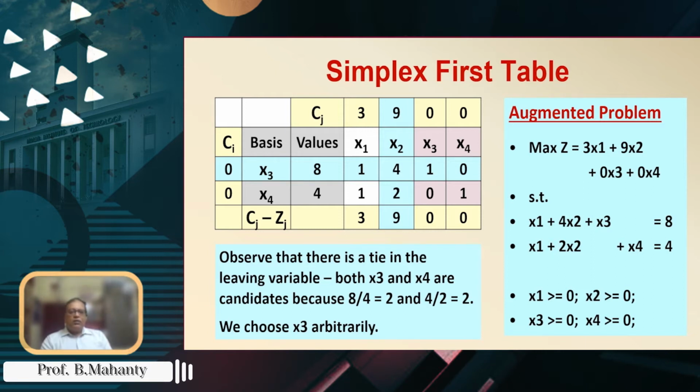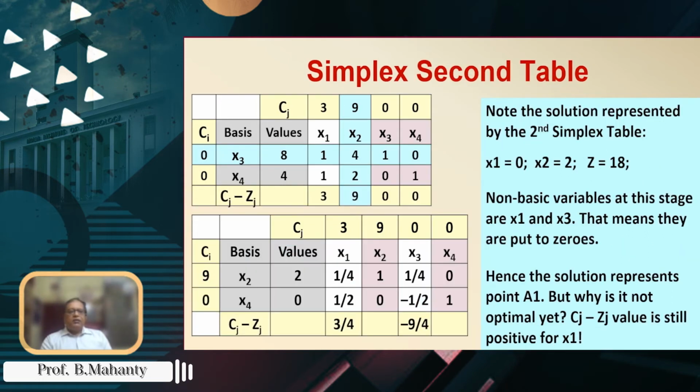Is it okay? So therefore the next table would now be obtained. So here is the next table. This is the key row. So key row items would be divided by the intersecting element, which is 4. And therefore x2 comes into the basis, x3 goes out of the basis.